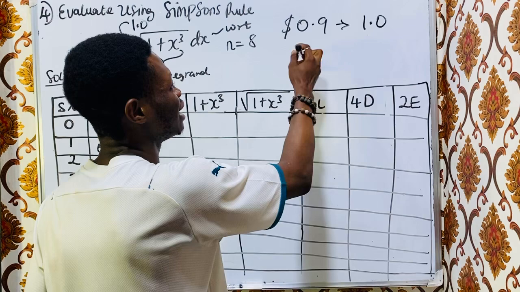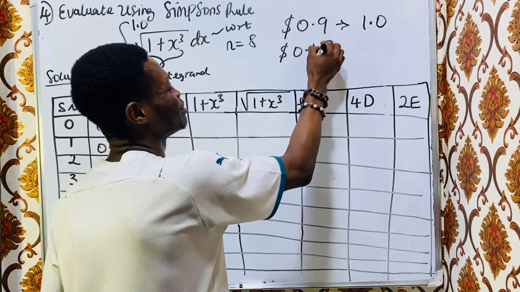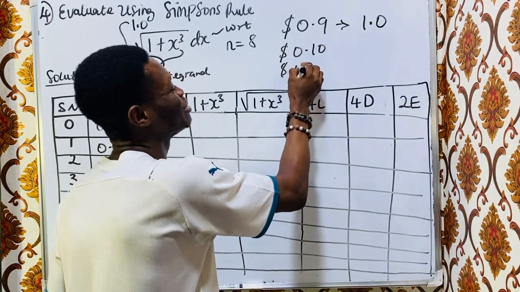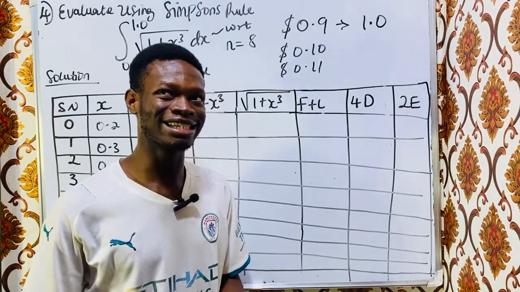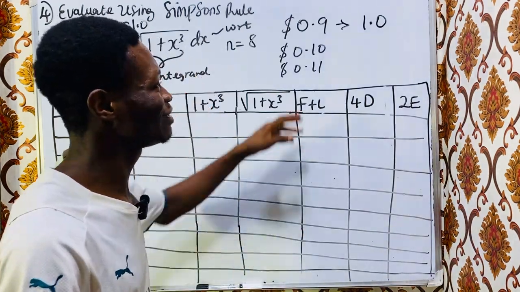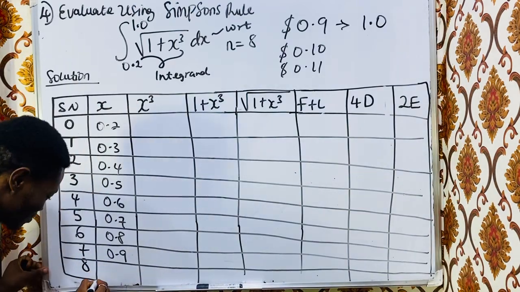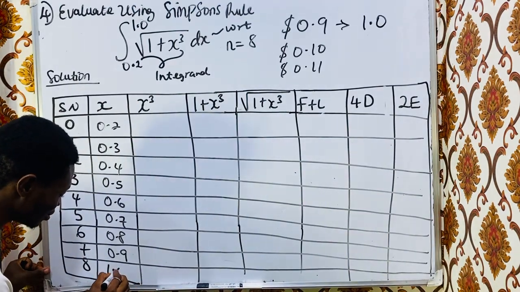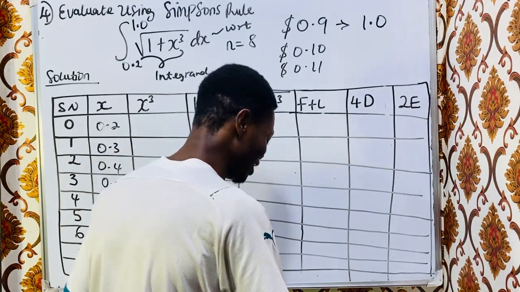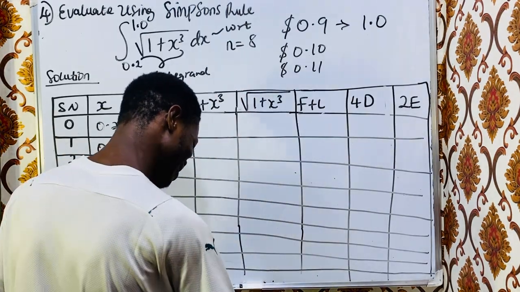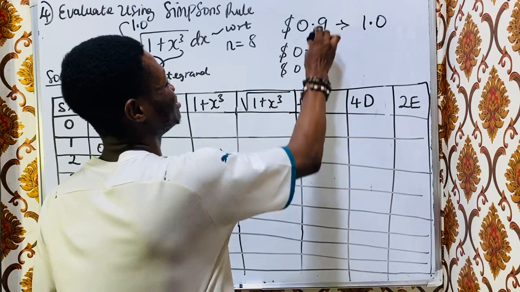Like after 0.9, I was seeing 0.10, 0.11. I was like, what is this? Is it that I don't know maths again? Because after 0.9, you'll be getting 1.0. So I don't know how they are doing their own maths. Hey, let's continue with our question.